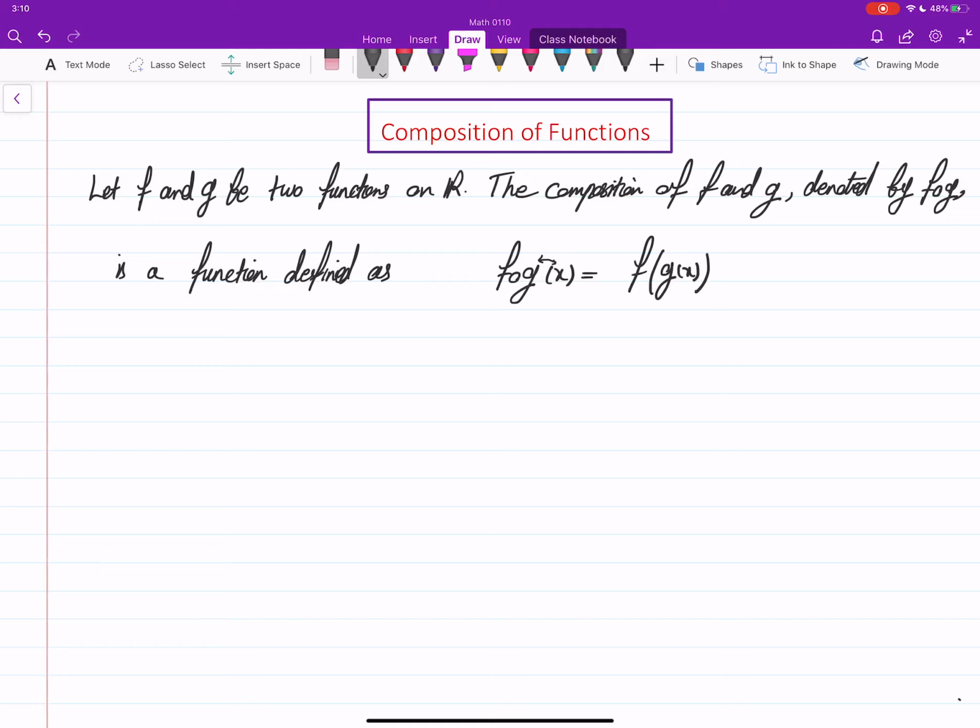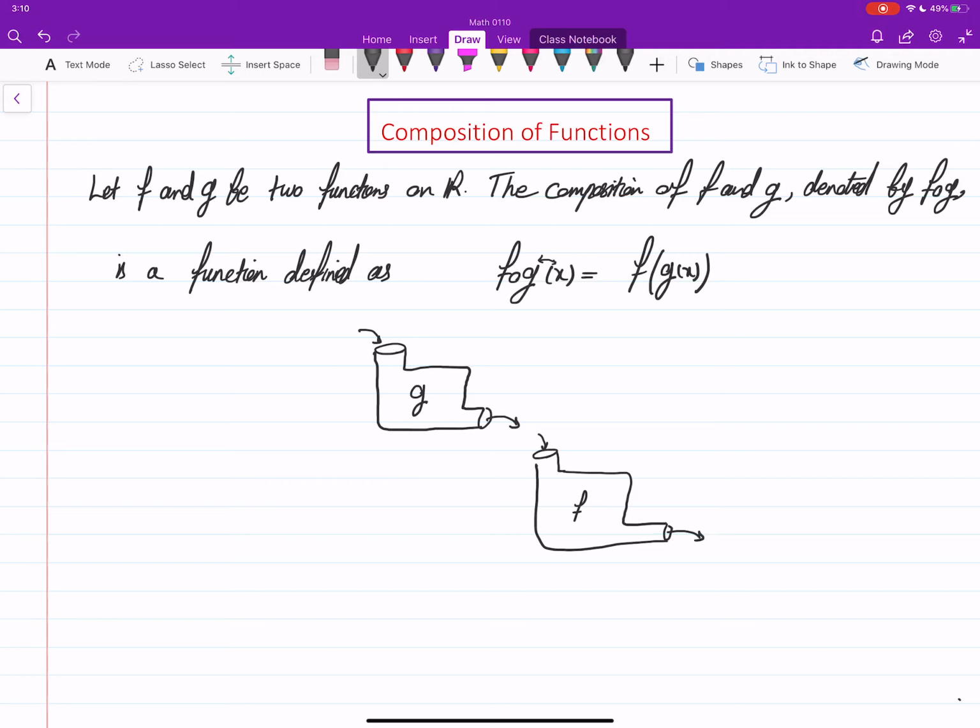Well, one nice picture that can help to understand the composition of two functions is that, remember that we had this picture in mind that a function is like a machine. It has some input and it has some output. If you have another machine, let's say this is the function g, and there's another machine, let's call this one f, and this one also has an input and output.